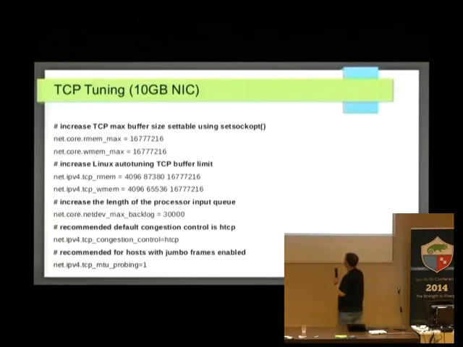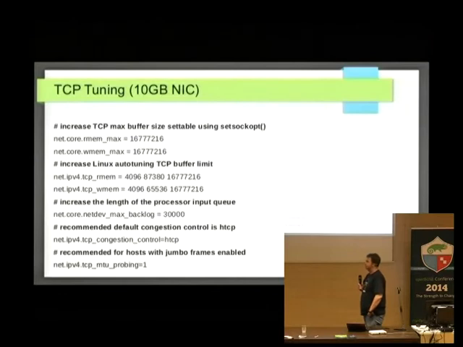And if you have enabled jumbo frames, it's best to change MTU probing. Okay, if you are using a 10 gig switch, it's always best to use jumbo frames. That means that you must use MTU 9000.